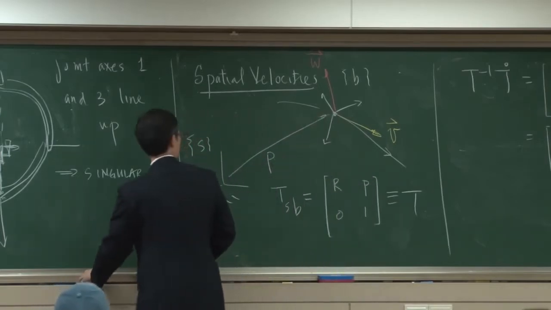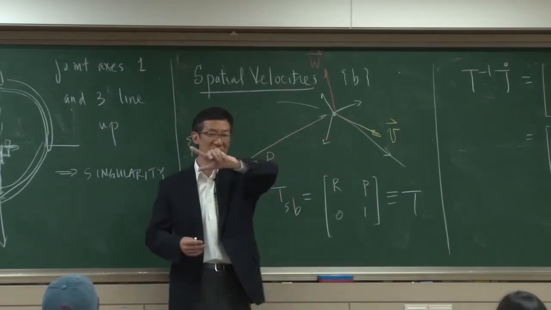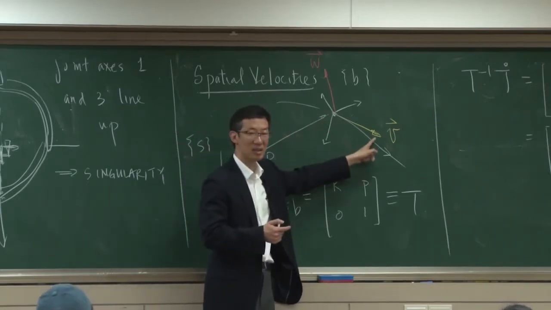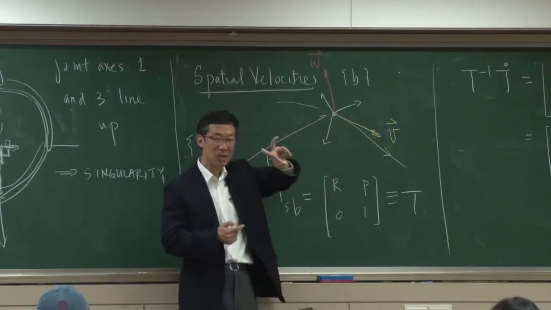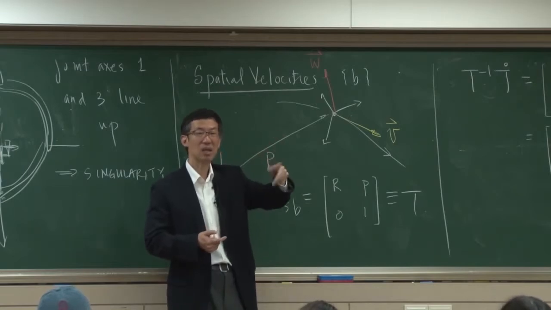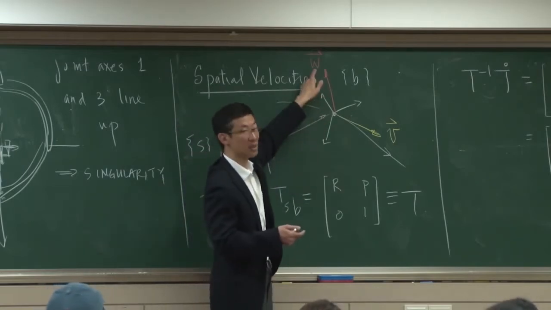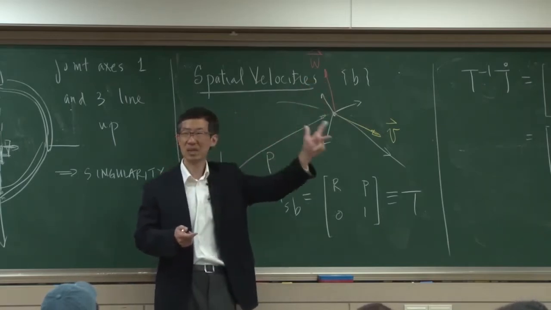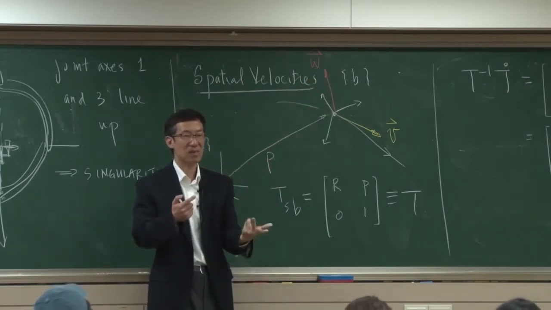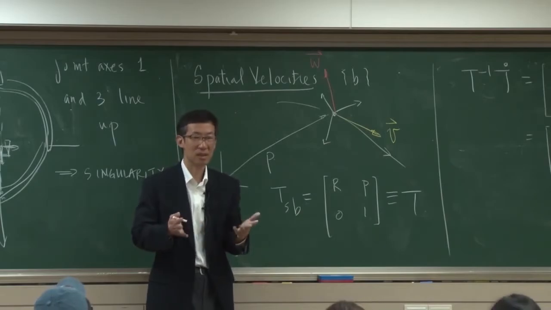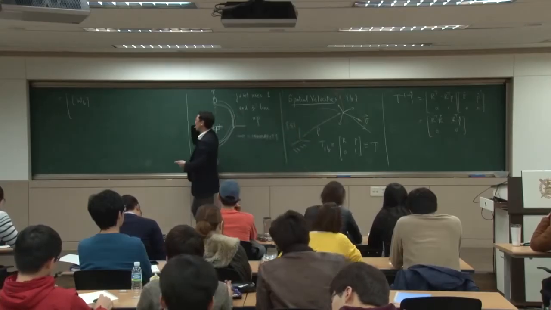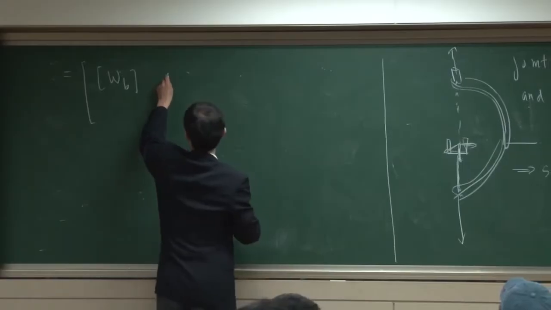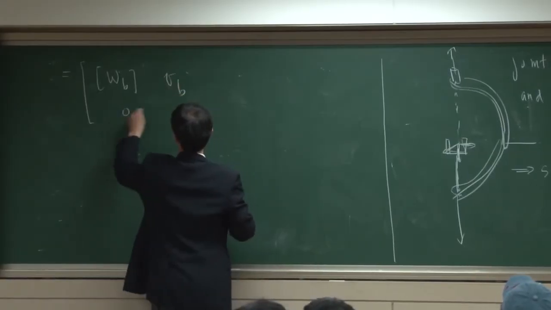So this frame is moving. The origin has a linear velocity V, and if the frame is changing orientation, then the frame has an angular velocity omega. So anytime you have a moving frame in space, it has an angular velocity and a linear velocity. So we have omega B. Let's call this V sub B, 0, 0.